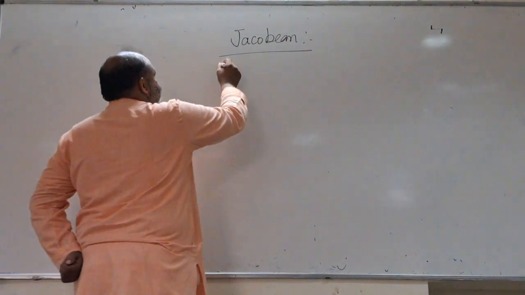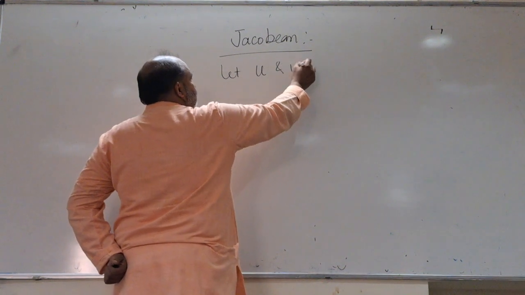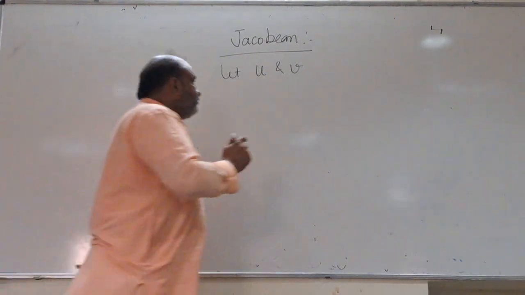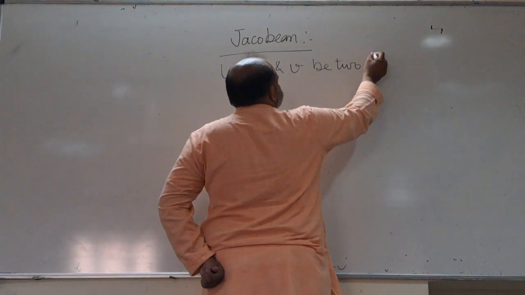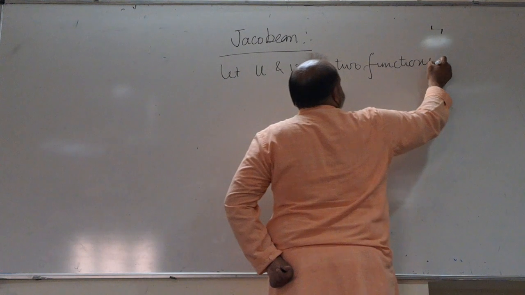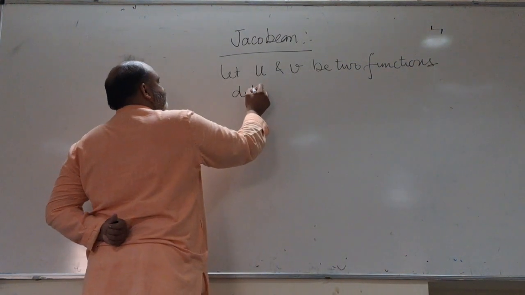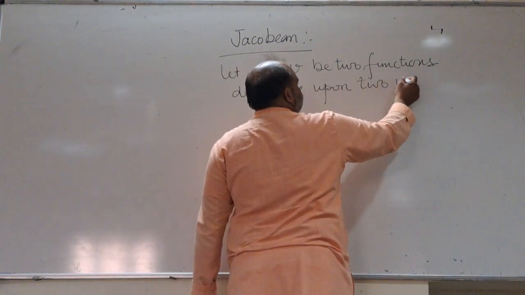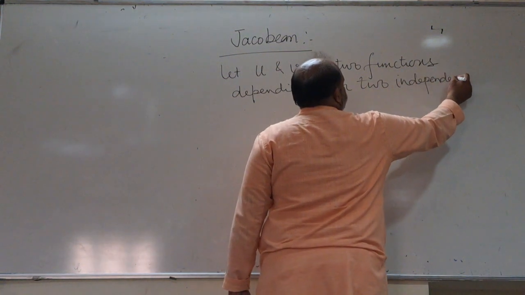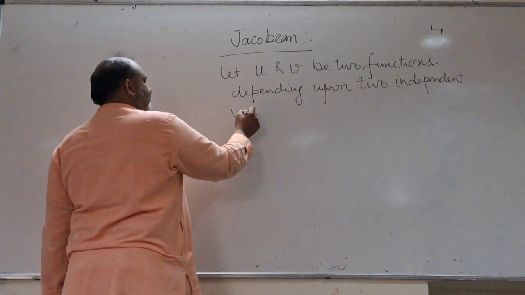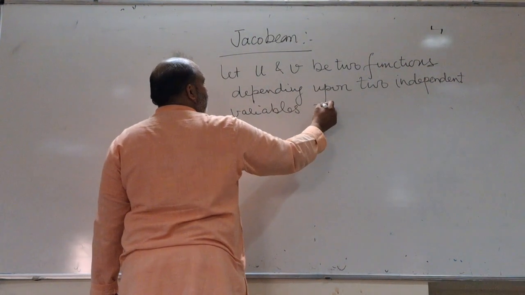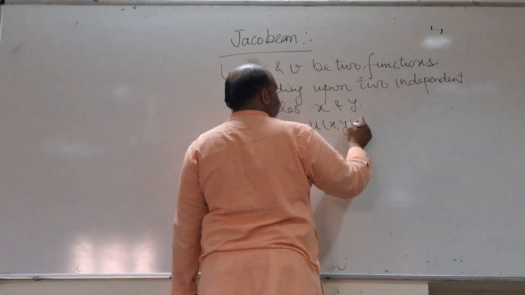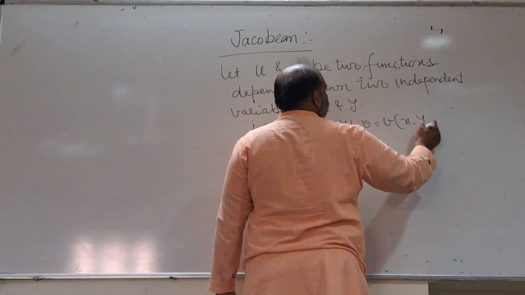Let u and v be two functions depending upon two independent variables x and y, that is u is equal to u of x, y and v is equal to v of x, y.